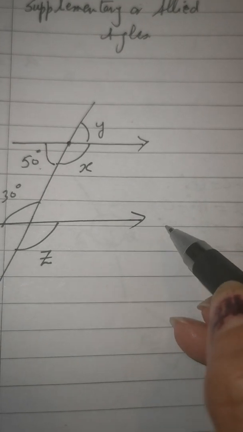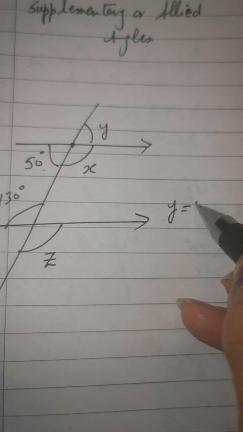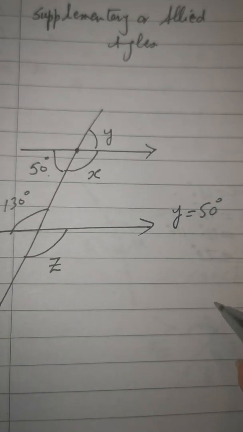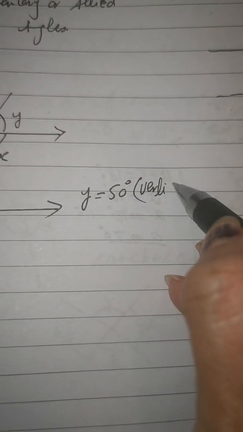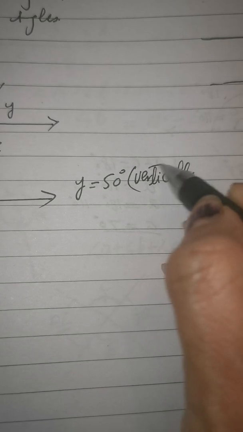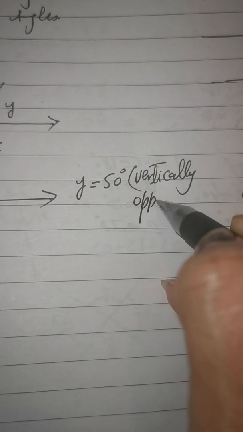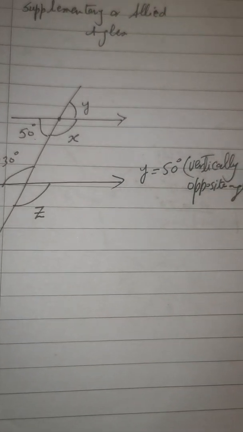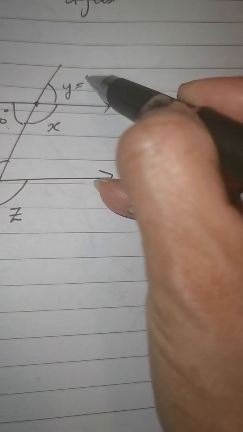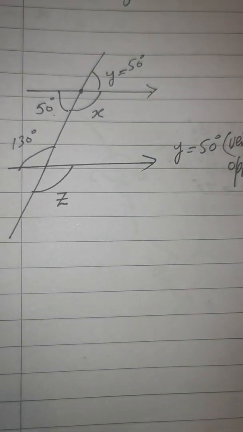So from here I can write y is equal to 50 degrees. You can write here vertically opposite angles definition, they are equal, right? So the value of y I have got is 50 degrees.